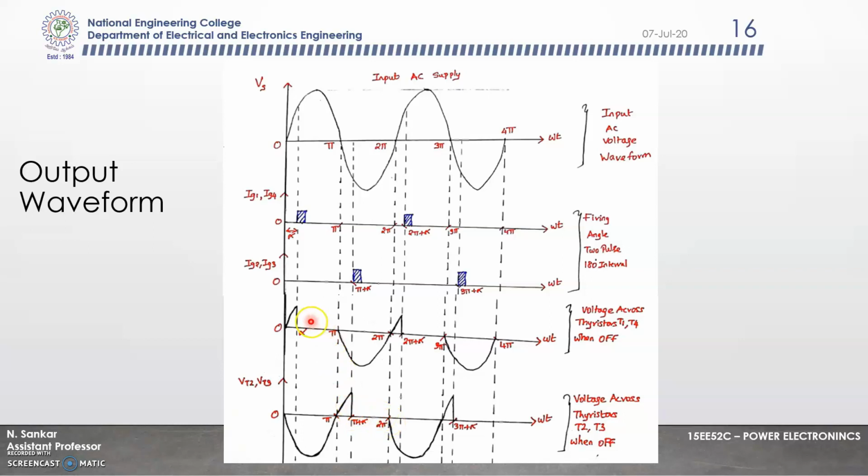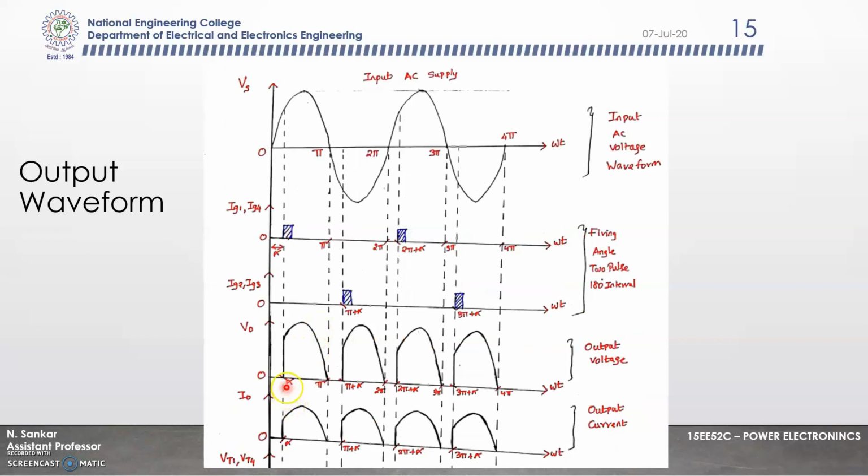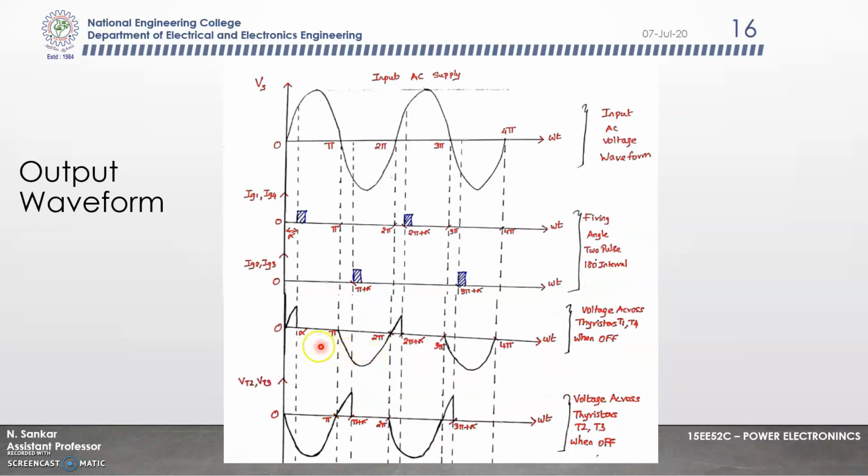So the voltage across the thyristor will be zero when the thyristors are turned on. In the previous slide you saw that from alpha to pi the thyristors get turned on, and even from pi plus alpha to 2 pi they get turned on. Similarly, from alpha to pi the voltage across the SCR is 0, and from the interval pi plus alpha to 2 pi the voltage across the SCR is 0.